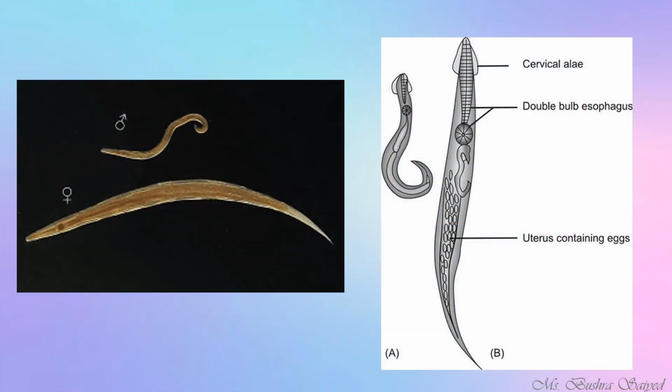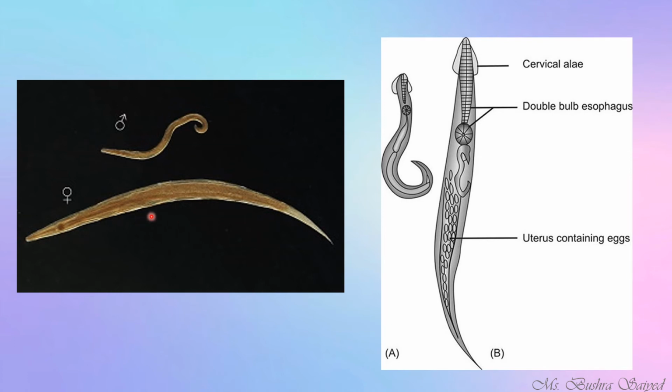So this is Ascaris, this is how it looks like. If you have ever heard about the infection with the Ascaris in an infant or in a child, you might have seen the Ascaris looking like this. So this is the female, which is larger than a male. Why is it larger?